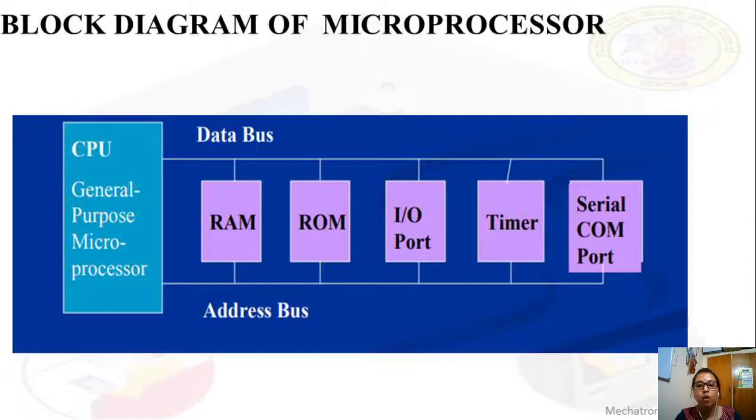So this is the simple block diagram of a microprocessor. Microprocessor means only a CPU will be there. Inside the CPU, what will be there? ALU, that is the arithmetic and logic unit, to perform arithmetical and logical operations. Then we will have a program counter, stack pointer, working registers, then a clocking circuit and an interrupt circuit inside the CPU.